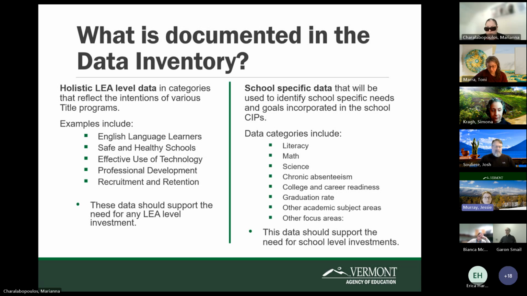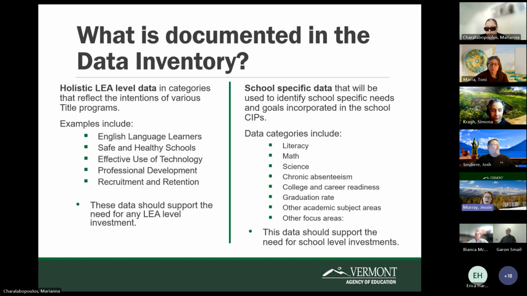The data inventory also collects school-specific data in the school-specific section, and those categories that are prompted for completing within the tables, the school tables, are related to the ESSA accountability indicators. So you'll see literacy, math, science, chronic absenteeism, college and career readiness, and graduation rate.